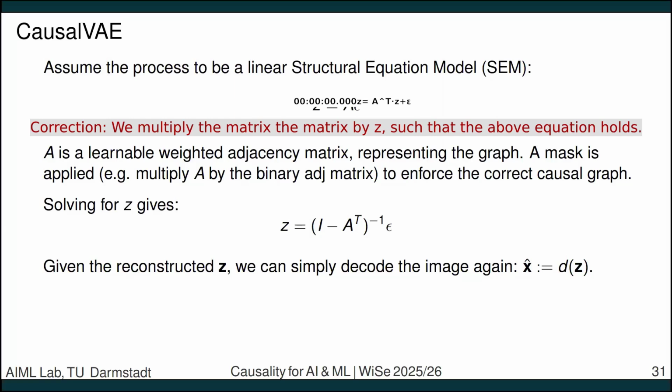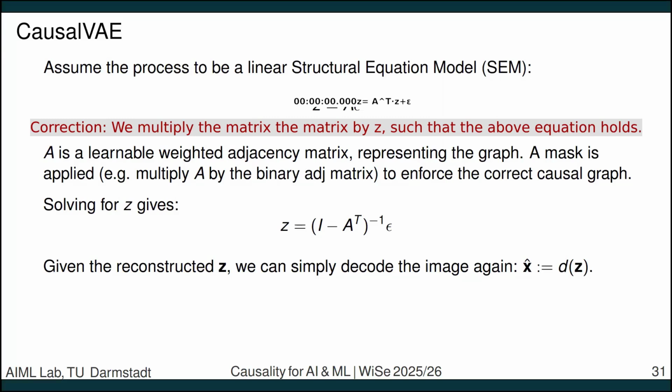And in this representation, what we can do is then constrain those values within A. So A is learned, but because we know the structure of our SEM, we will force particular entries of A to be 0 so that it doesn't approximate some arbitrary graph, but the graph structure that we give it.